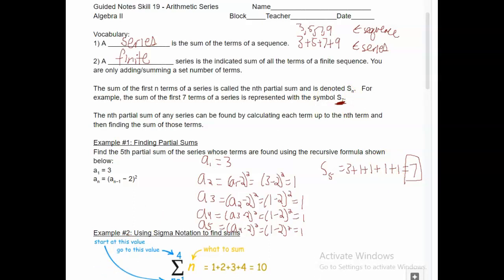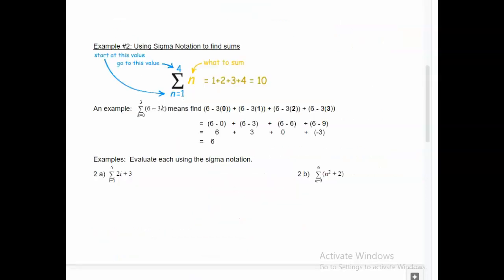So that's basically the idea of a series: when you take the numbers of the sequence and you add them.